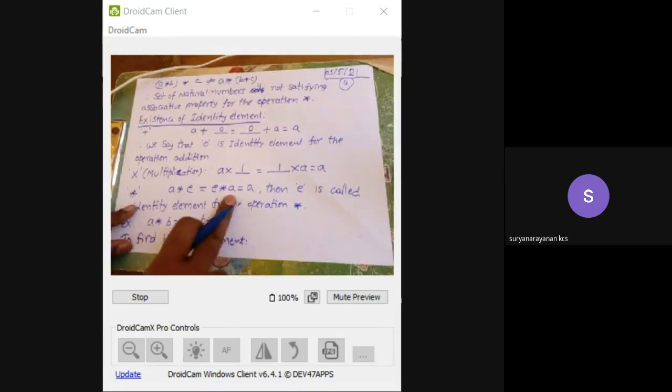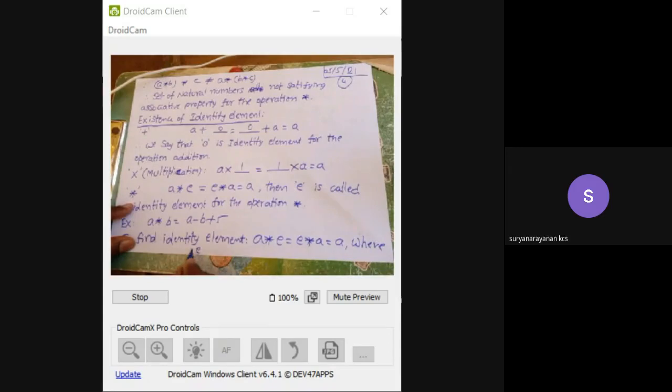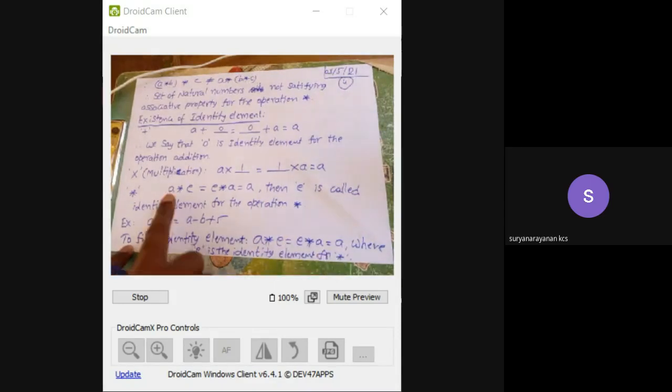First, let us write this equation. You remember this line. A star E is equal to E star A is equal to A, where E is the identity element. Let E be the identity element for this operation star, and we can write this statement: A star E is equal to E star A is equal to A. Please remember this line, my children.